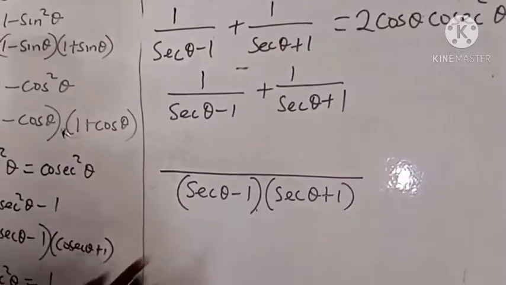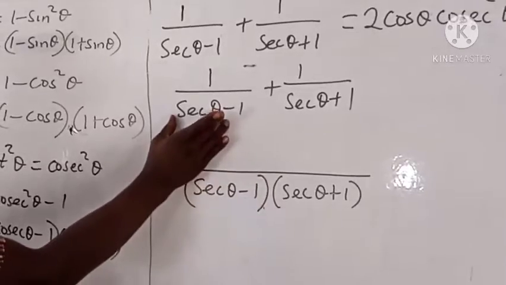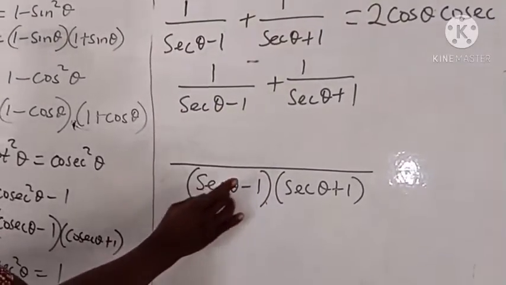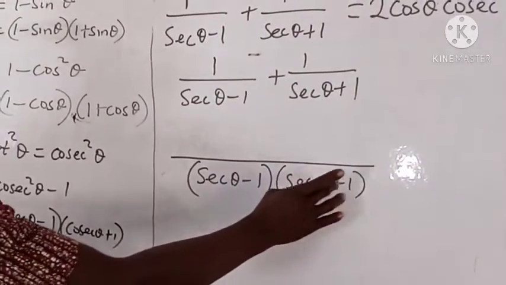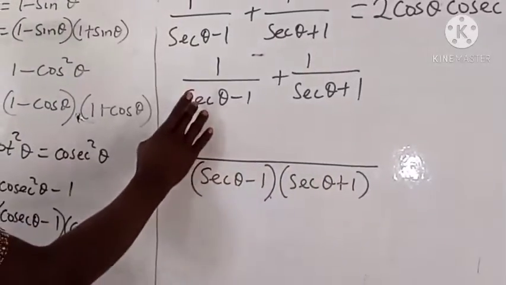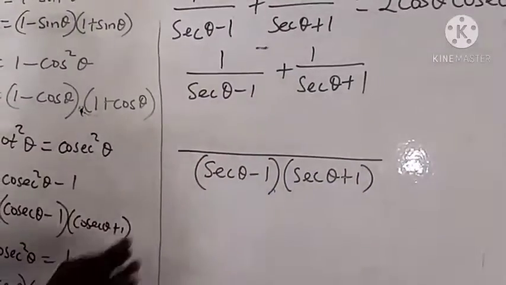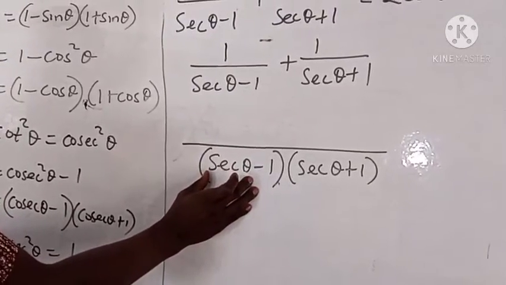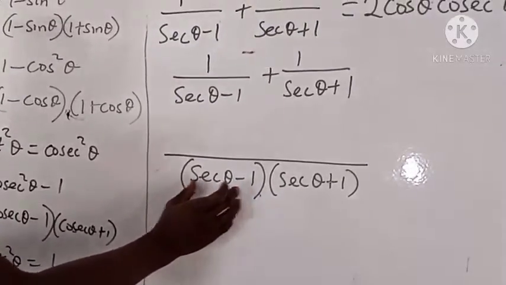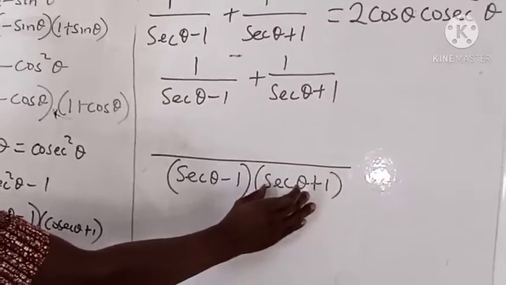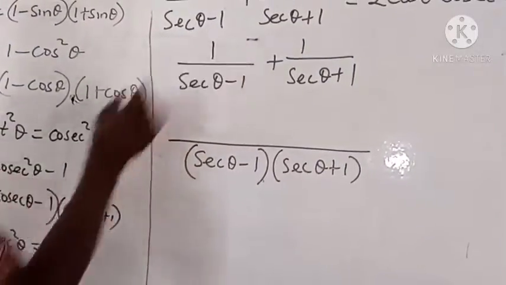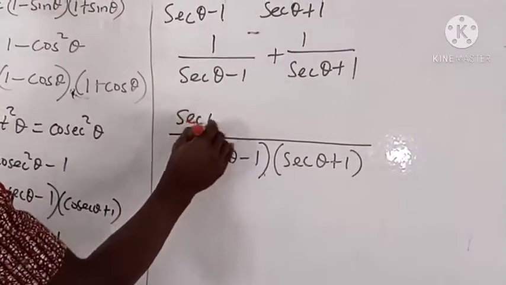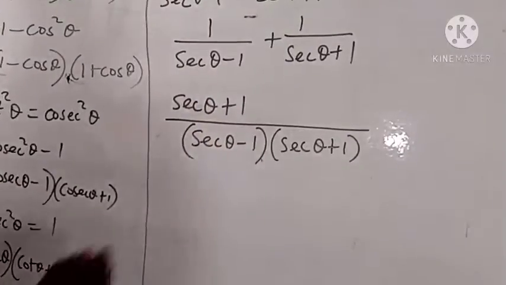In the basic principle, the LCM sec theta minus 1 sec theta plus 1 divided by sec theta minus 1: the sec theta minus 1 cancels out, and what is remaining is sec theta plus 1. Multiplying that by 1 gives sec theta plus 1.